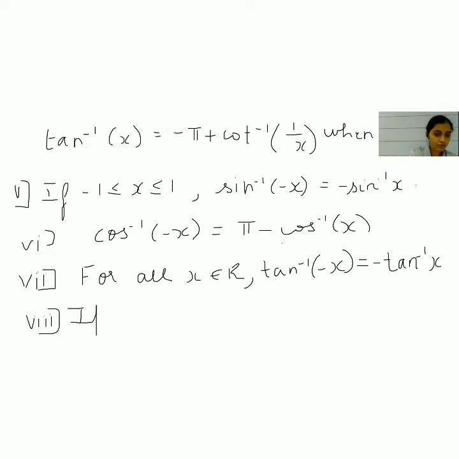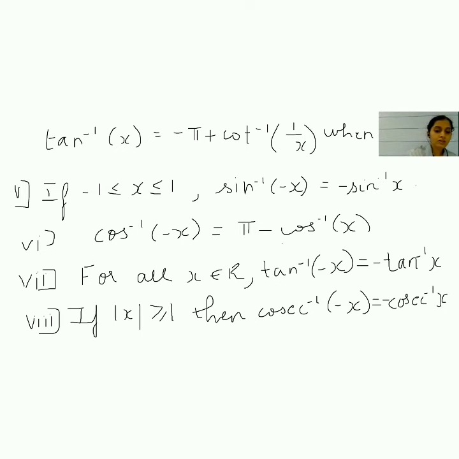Then the next one, if mod of x is greater than or equal to 1, then we can say that cosec inverse of minus x is equal to minus cosec inverse x.